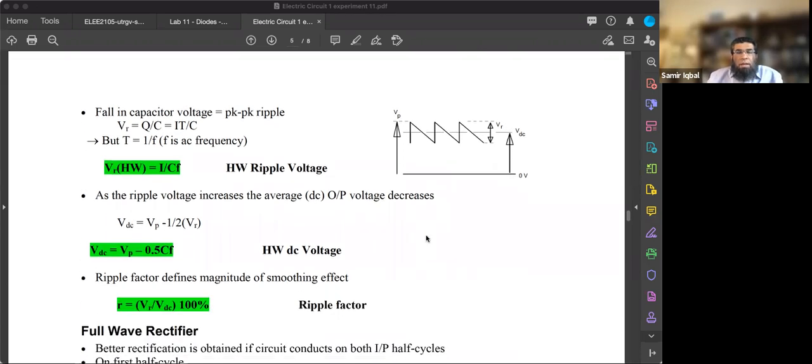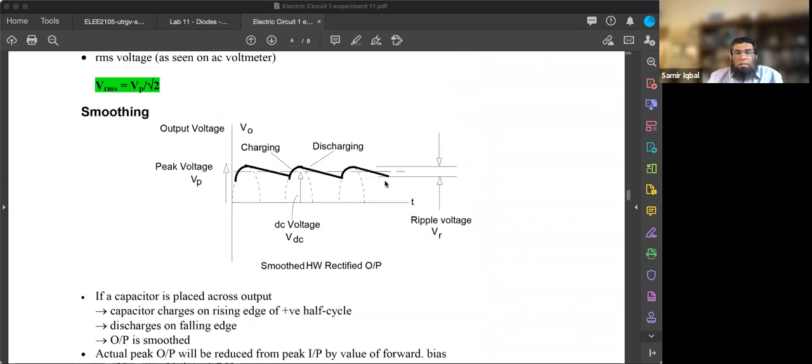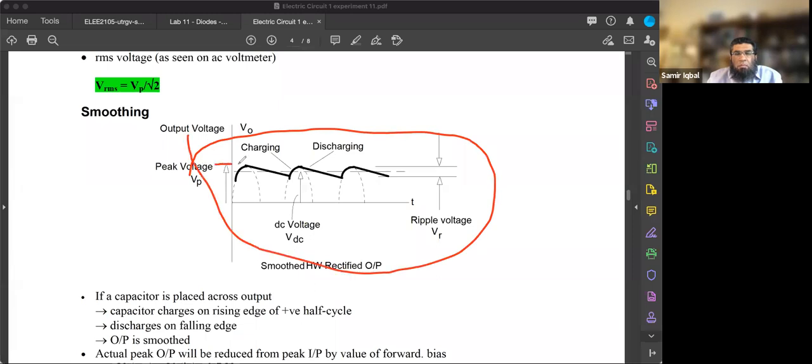That is related by what we have seen already, that VDC is equal to VP minus half of the ripple voltage. Are you with me on this? So here we know this is the ripple voltage, and this is the peak voltage. This is the ripple voltage, and this is the DC voltage, which is VP minus half of VR. Right, with me on this?